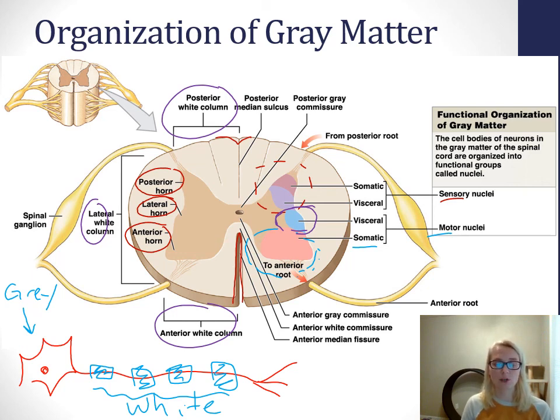Posterior, lateral, anterior white columns, and then just knowing that they are going to contain ascending for information going up and descending for information being sent out to your body tracks. So collections of axons in the spinal cord are called tracks. So ascending tracks and descending tracks will be information going up and down in your columns, posterior, lateral, and anterior white columns.